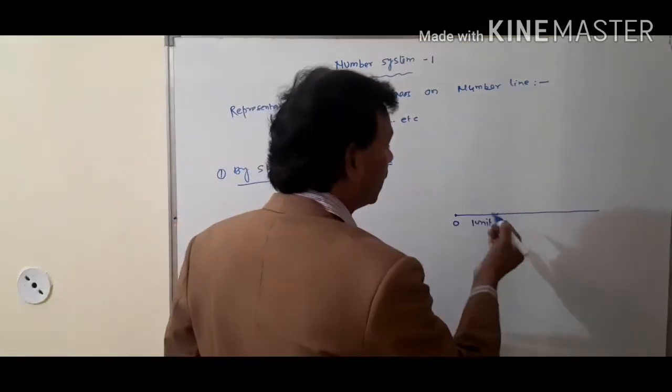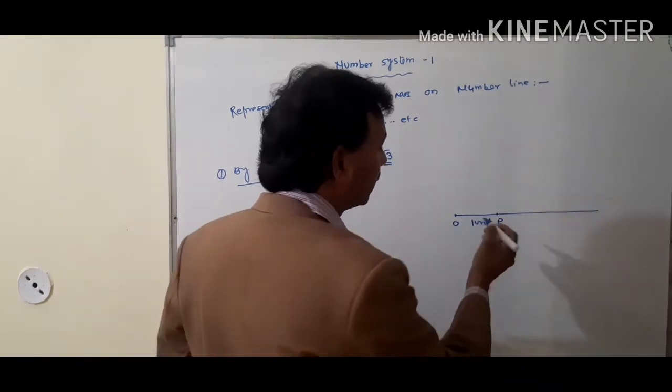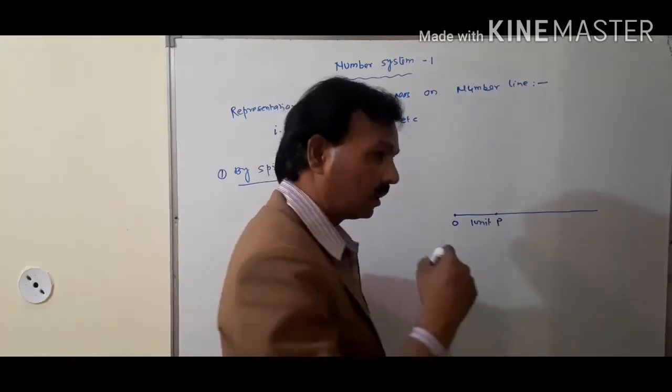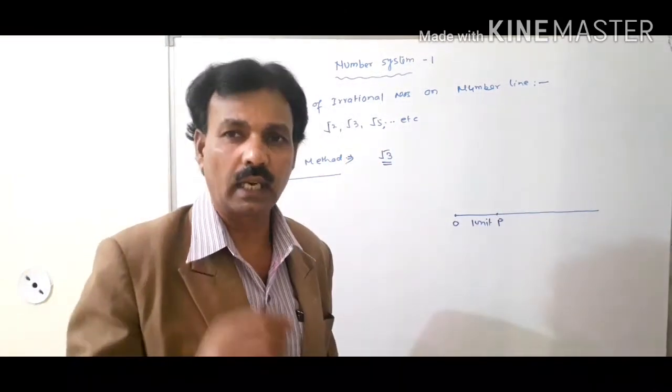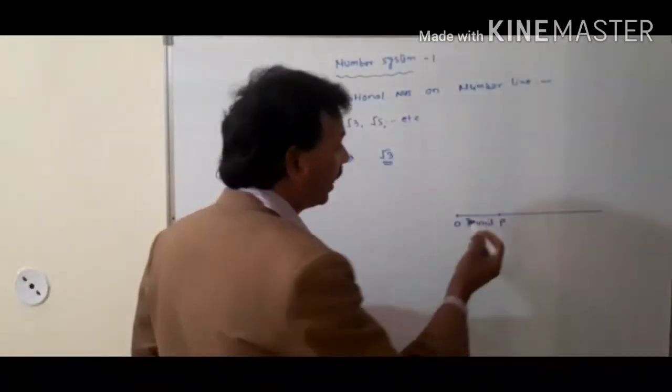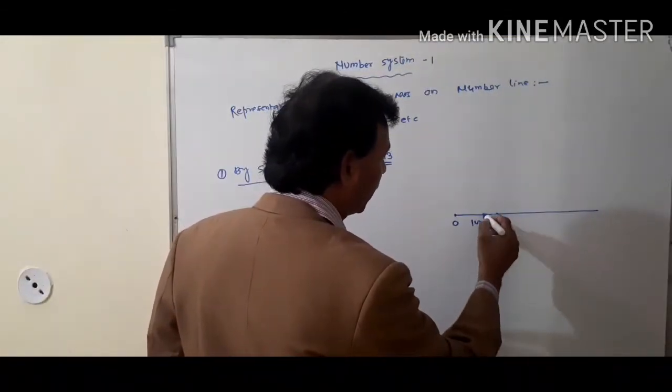In your compass take any radius. All students can take different radius in their compass and cut an arc from point P like this.